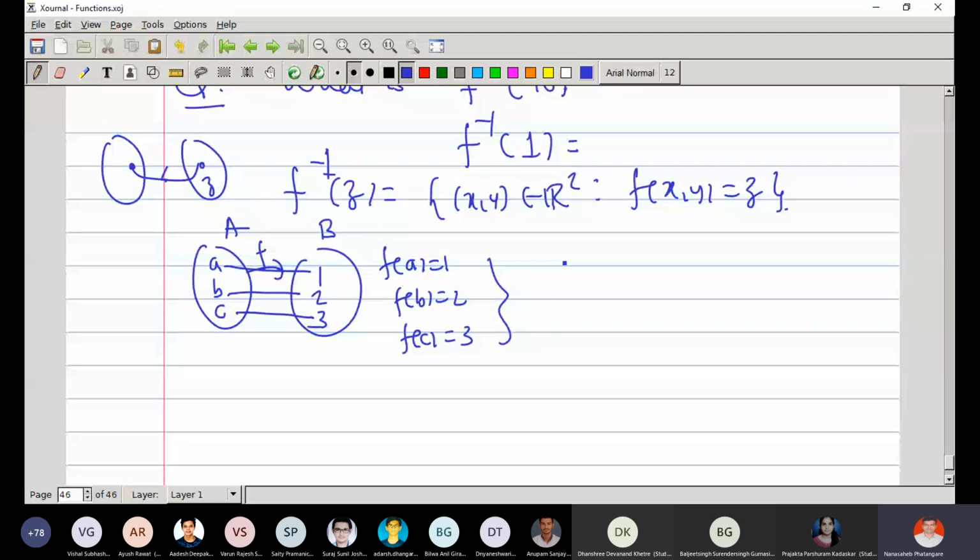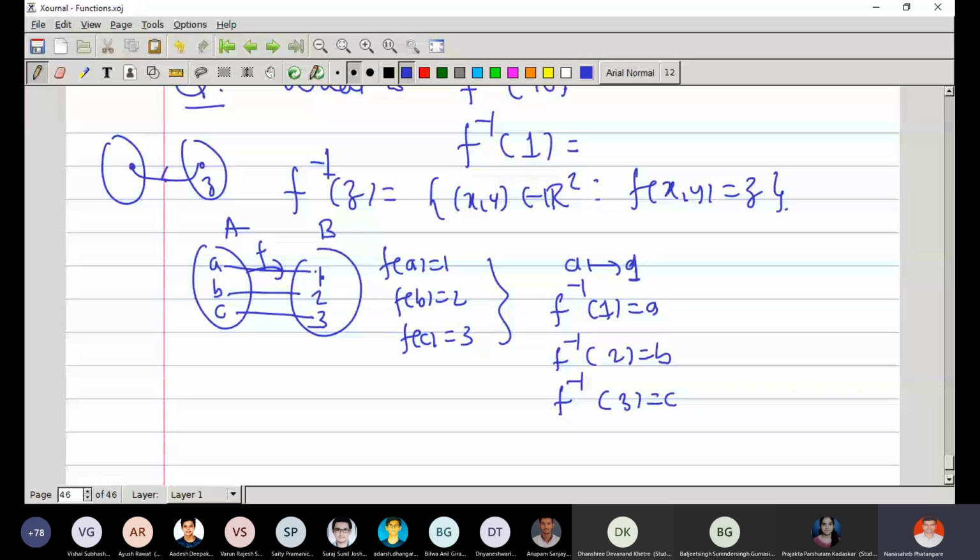What is the inverse image, or pre-image, of 1? It is A. So f inverse of 1 is A, f inverse of 2 is B, and f inverse of 3 is C. If you go back from 1, we see A. Do you understand now the meaning of inverse image?